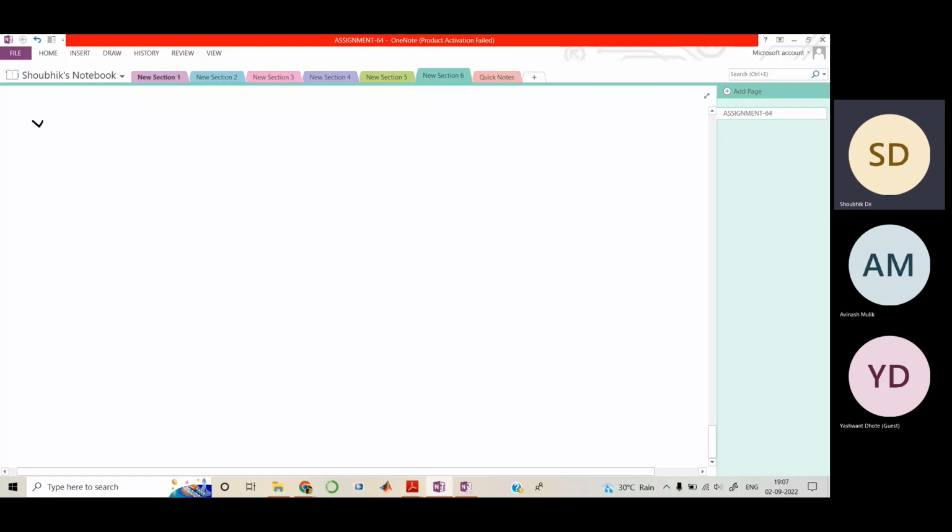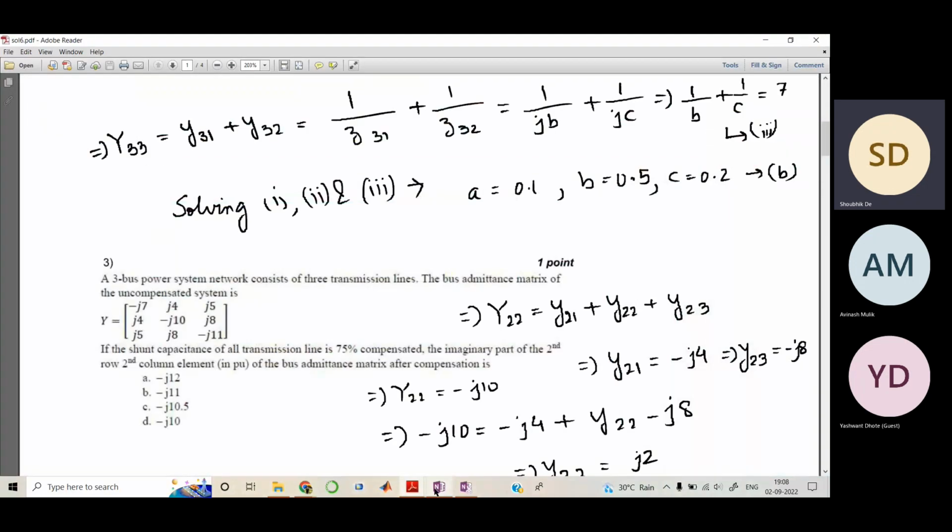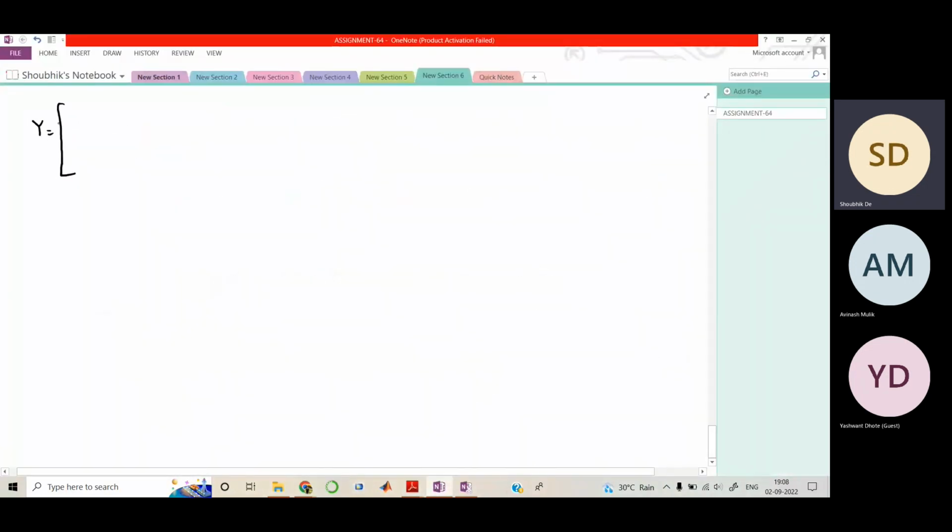This is the bus network which has been given to us. Let me just copy this: minus J7, J4, and J5.